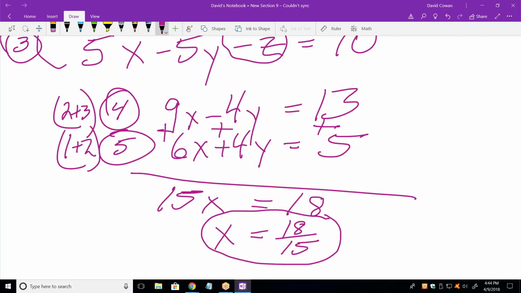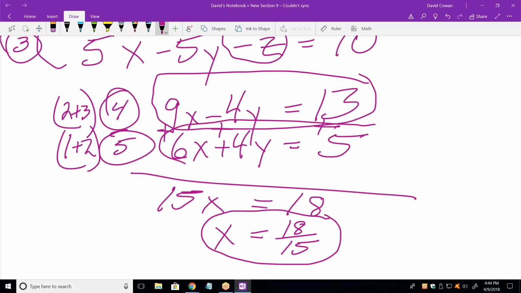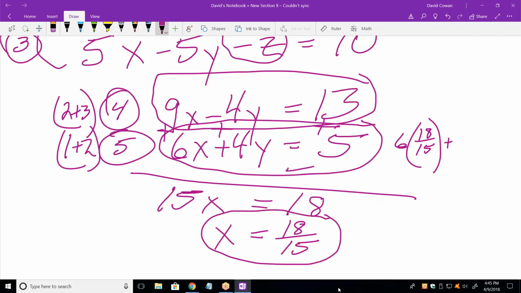Because I've solved for x, I can go into either that equation or this equation and substitute x and solve for y. That looks like a simpler equation. Let's do that. It's going to be 6 times 18 over 15. That's what x is. Plus 4y equals 5.